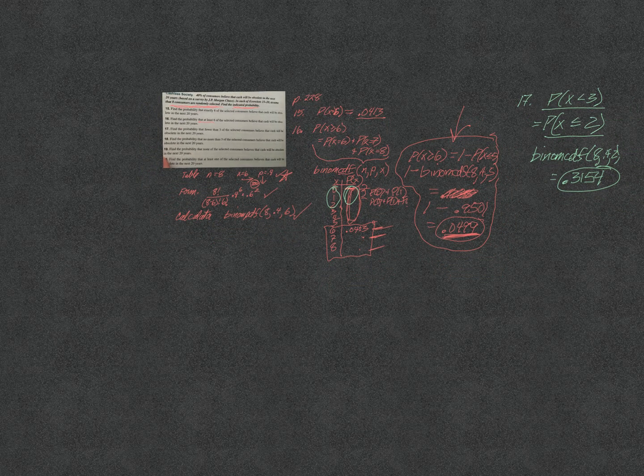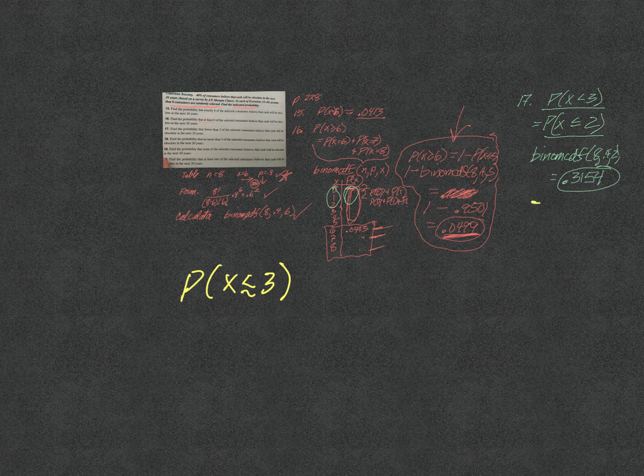Probability that X is not greater than 3, which means no more than 3 means less than or equal to 3, right? Because it can go up to 3, but then it's no more than that.